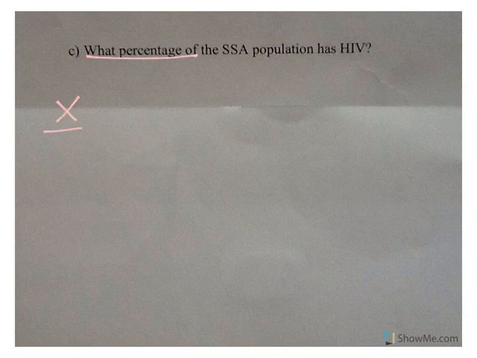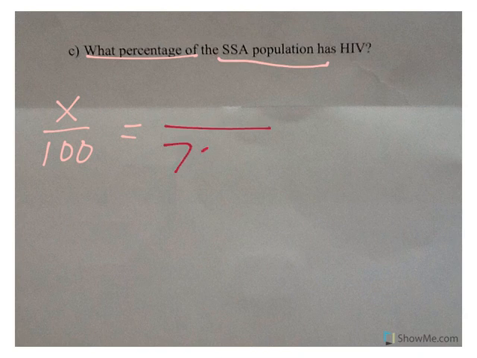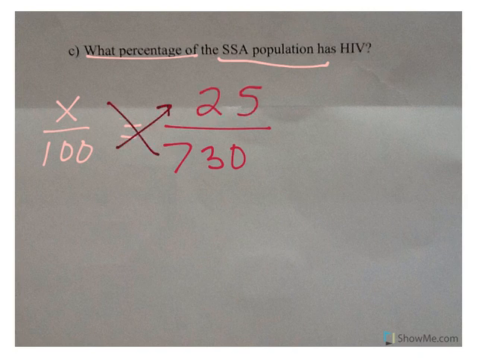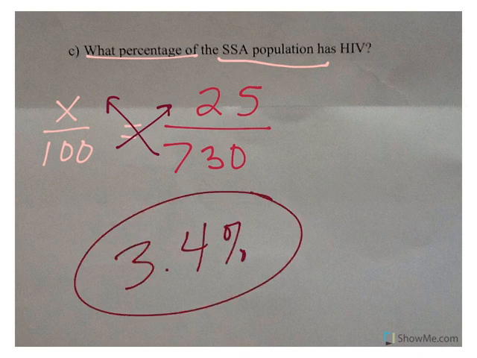What percent, I'll just start with X over 100. What percent of the population has HIV? Well, I know the whole population is 730 million, and I know 25 million of them have HIV. So I cross multiply, and the answer is 3.4%. So now we're just in Sub-Saharan Africa.